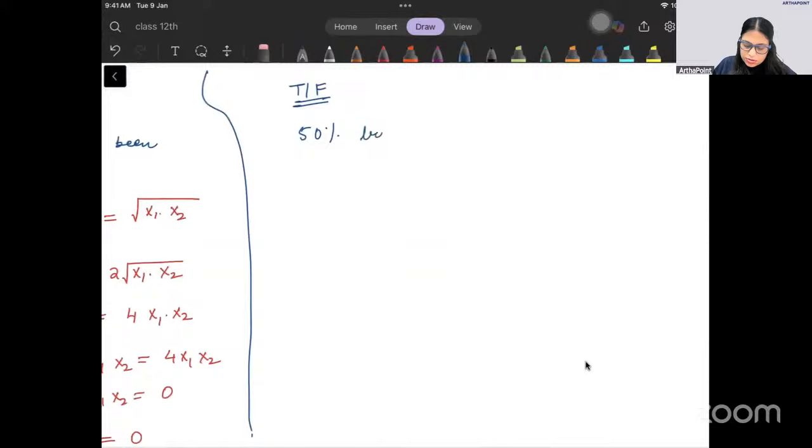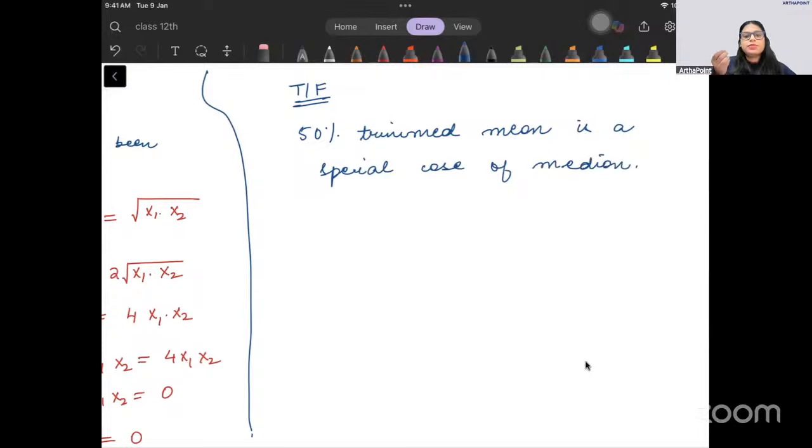50% trimmed mean is a special case of median. Yes, correct, true हो गया ना. 50% trimmed mean माने क्या?